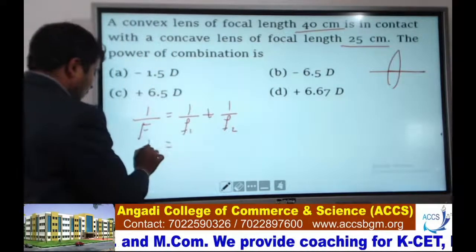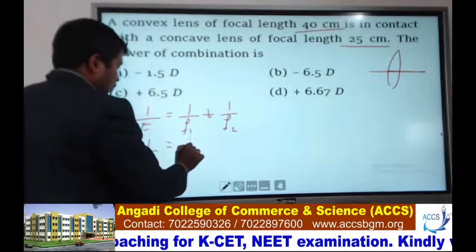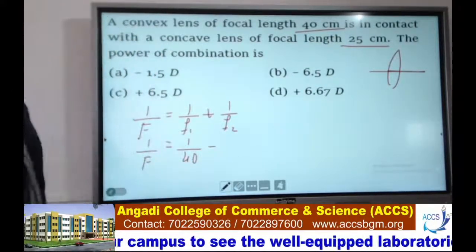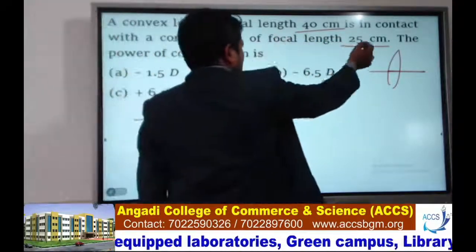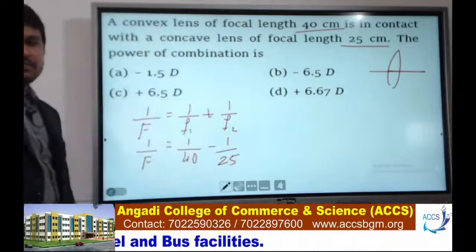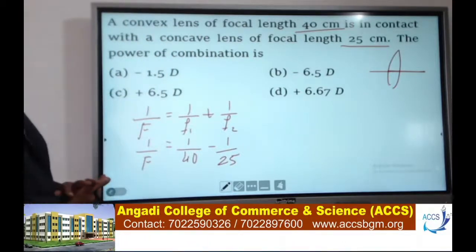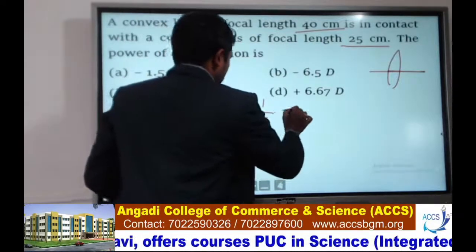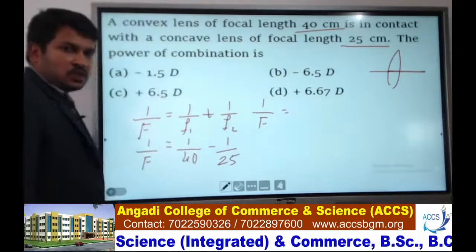Now 1 by f equals 1 by 40, and this is minus 1 by 25. I hope you are clear. Now just take the LCM, that is 200.